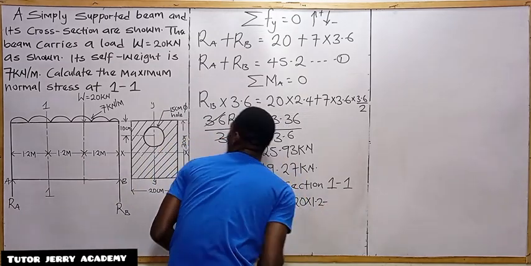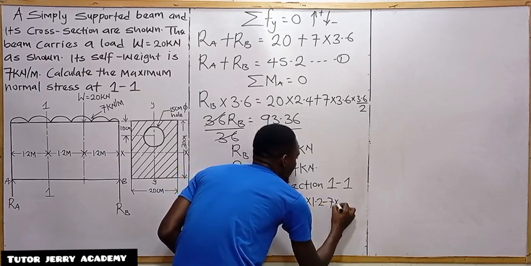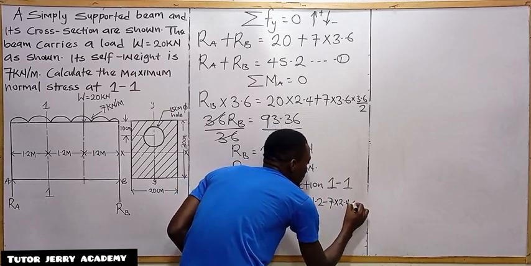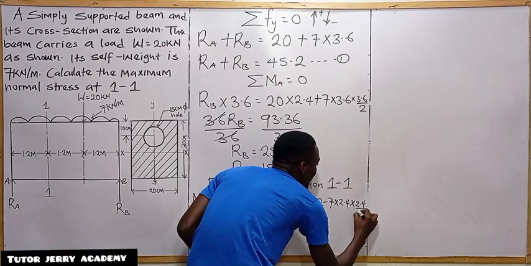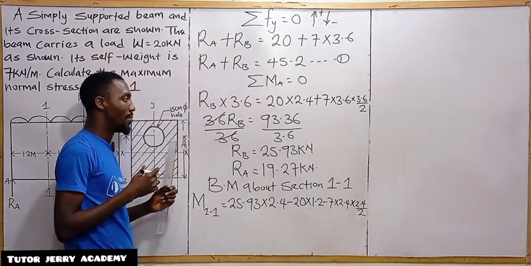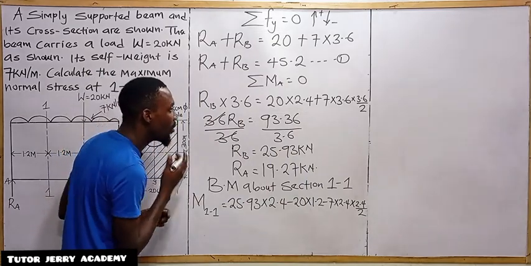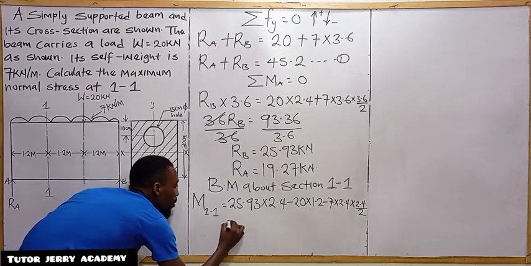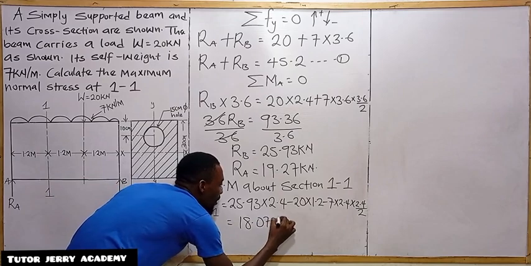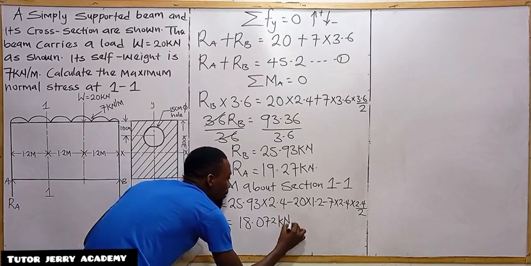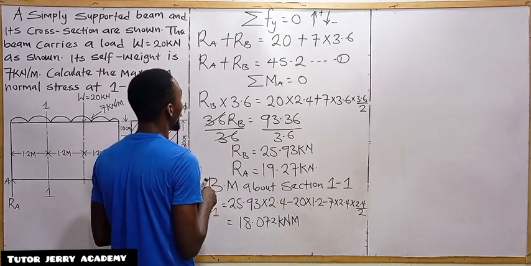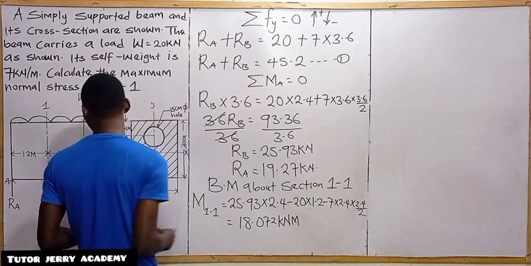So it's going to be minus 7 multiplied by 2.4, and it acts at half of the distance, that is 2.4 divided by 2. If you do your math carefully, you are going to have this equal to 18.072 kilonewton meter. So this is our moment.